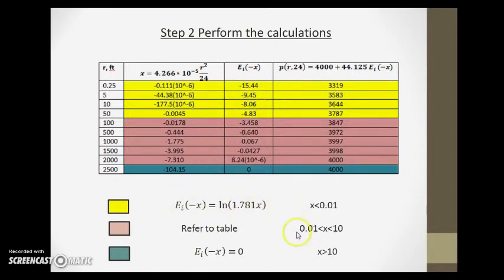For the X in between 0.01 and 10, we can refer to a table that is given to us to obtain the EI. And for example, this one is more than 10, so automatically the EI will become 0. After getting all the EI, we just substitute inside these equations to get all the pressures.